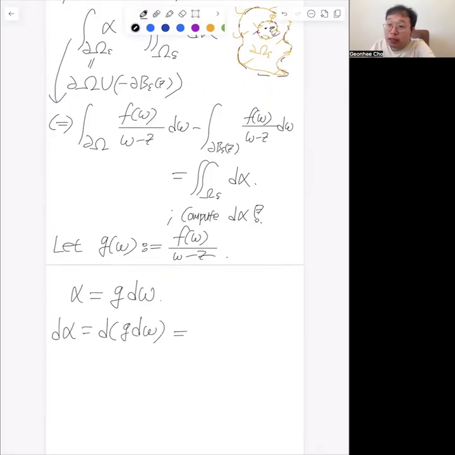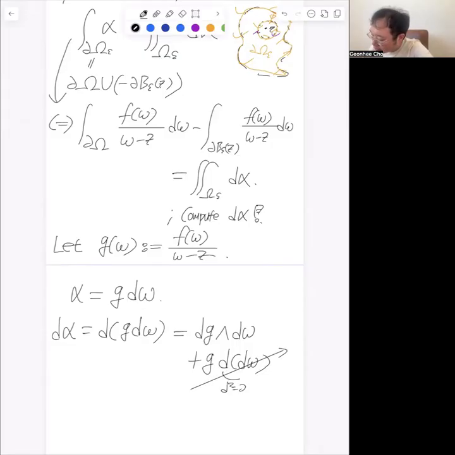Then you should use the product rule or the Leibniz rule, so that you get first dg, and here's the important point, you should consider the wedge product with d omega, plus g d omega. Then by the property of the exterior derivative, as long as you already have d of something, d squared must be zero, so you can ignore the second term. So all you will get is just this guy for d alpha. Still you need to compute this guy.